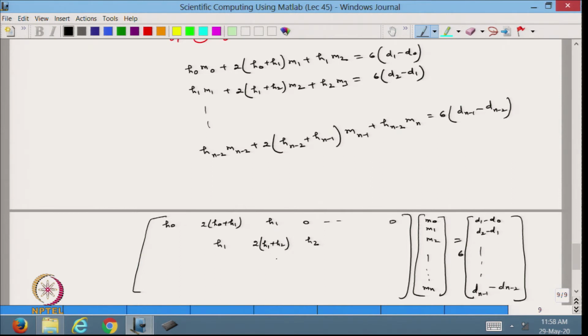So, in this way I can write that in the end I will get h(n-2), 2 times of h(n-2), so h(n-2) will come here, and this should be 1, so this will be n minus 1.